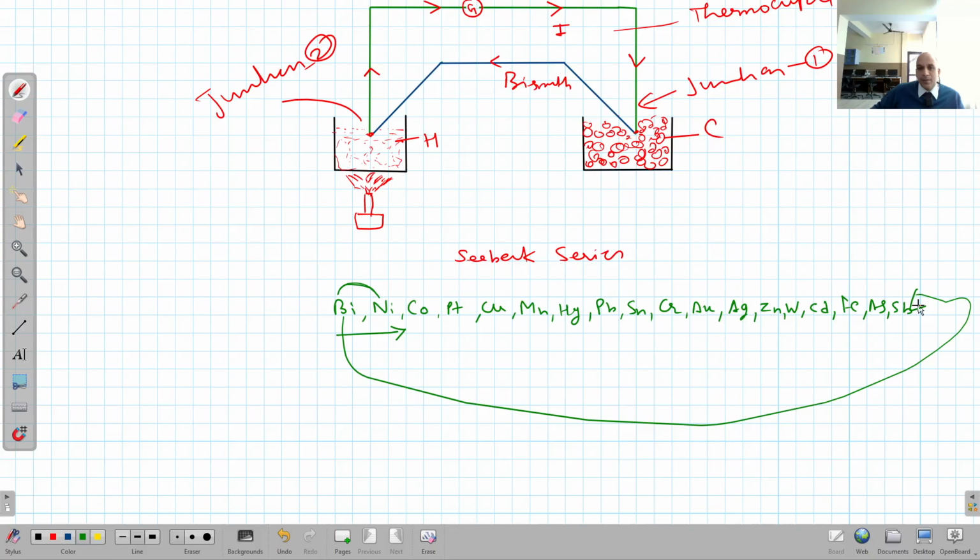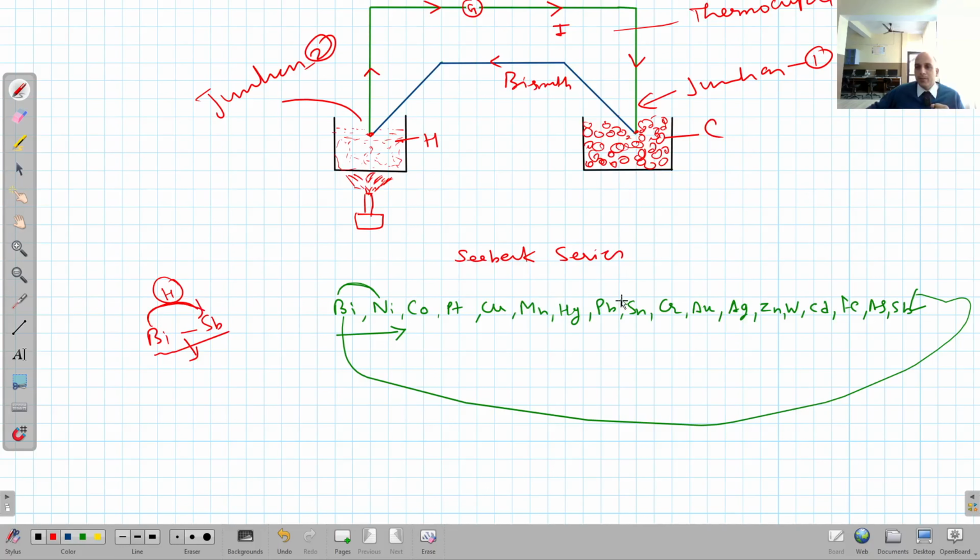So, for example, if I take the case of bismuth and antimony, right, then what will be the direction at the hot junction? It will be from bismuth to antimony. At the hot junction, it goes from this to this, right?